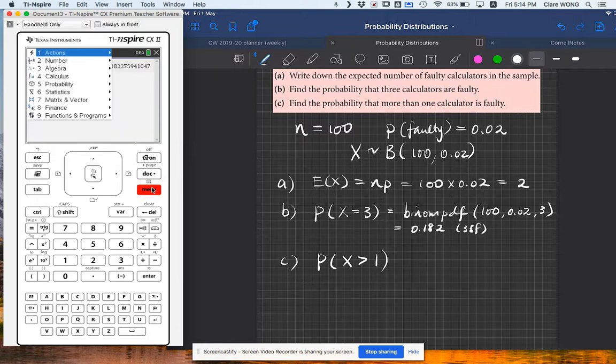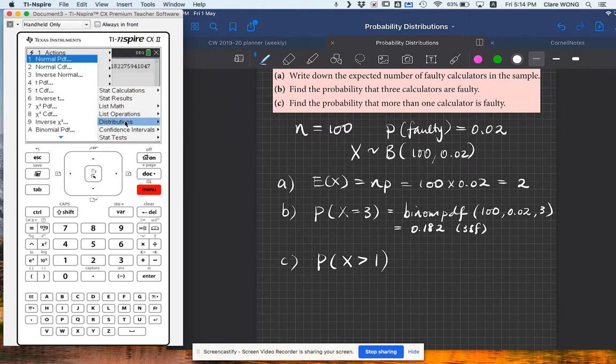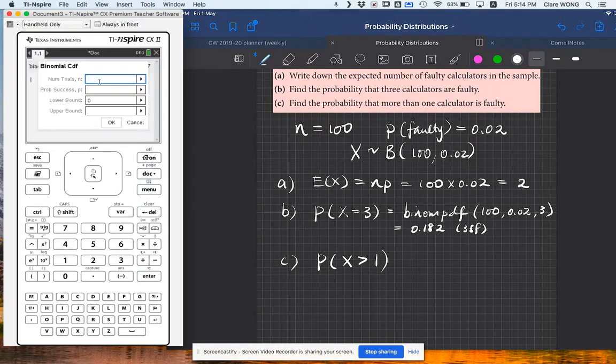So let's see, we go back to here, statistics, distribution. This time we need the cumulative one. We have 100 calculators, 0.02 chance of it to be faulty. So more than 1, so 2, and then the upper bound, 100 for all of them.